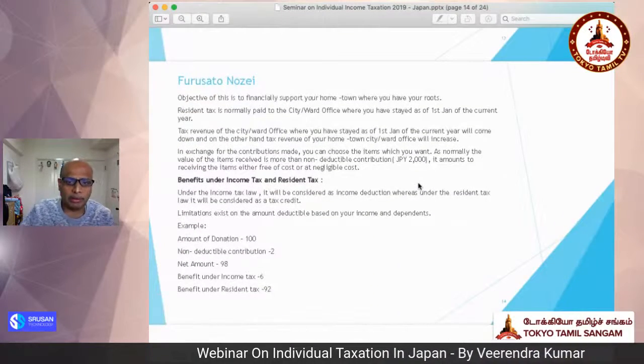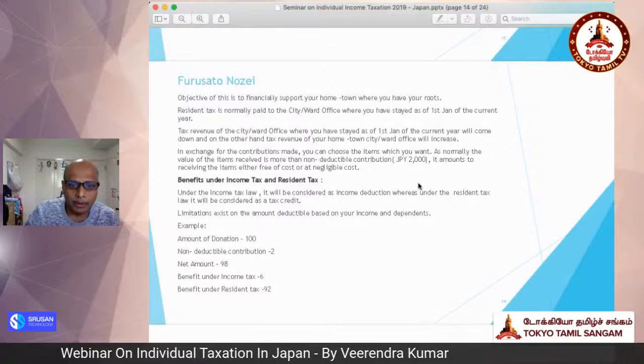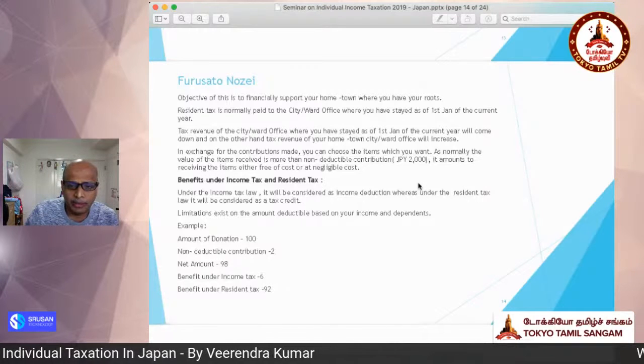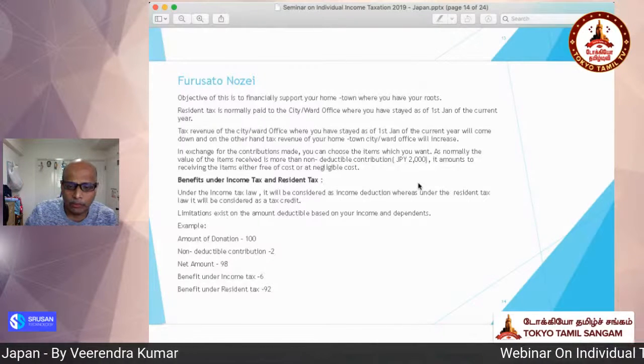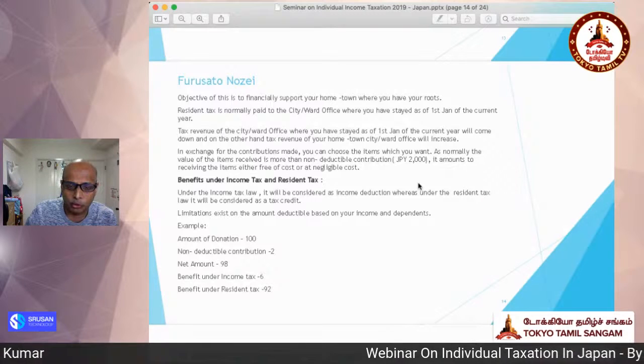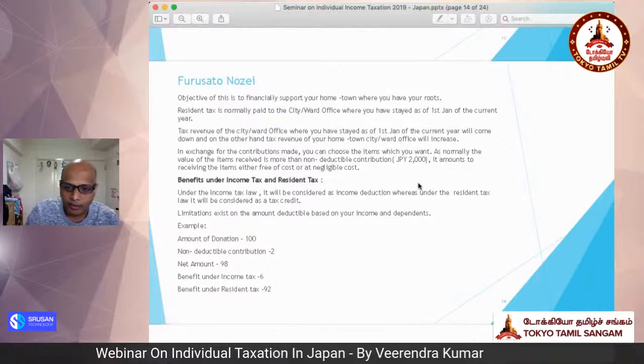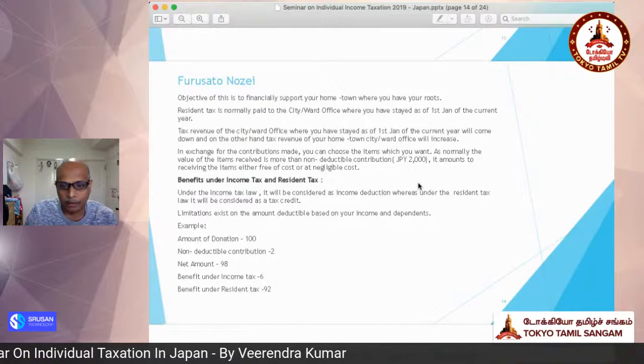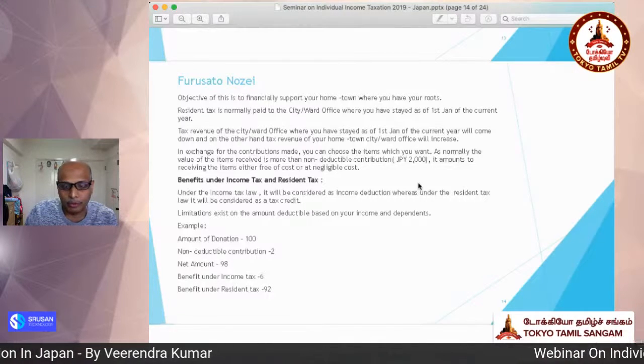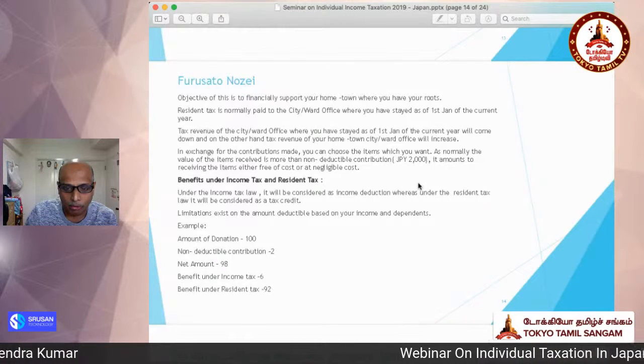Furusato Nozei is one of the concepts. Probably many are interested, but if you see the objective of Furusato Nozei, Furusato means our village or hometown, but most of us do not have any hometown or village in Japan, because we are basically from outside Japan.